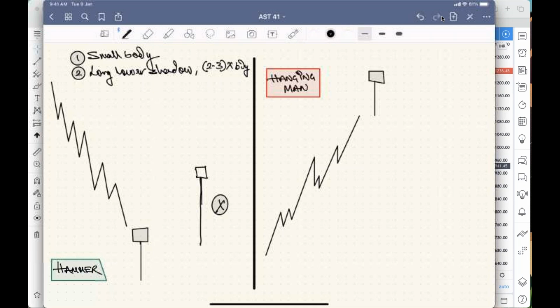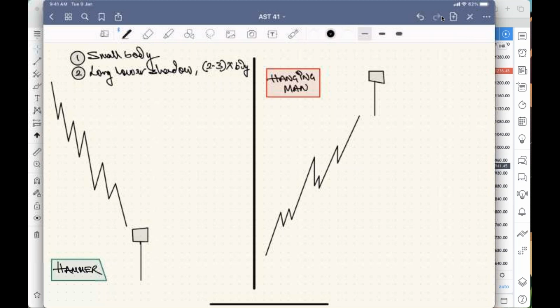Personally, I have noticed it becomes very difficult to trade them. A proportional hammer, which is very clean, neat, would be something like this, 2 to 3 times. And these are tradable. You can practically use them. If the lower shadow is too long, it becomes very difficult to practically trade them. I'll show you how.